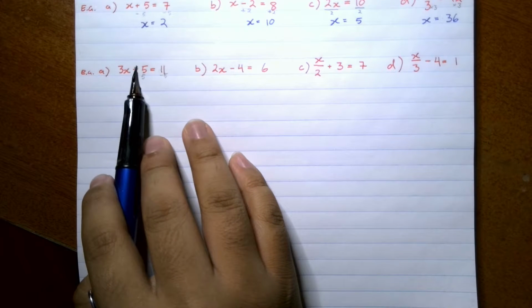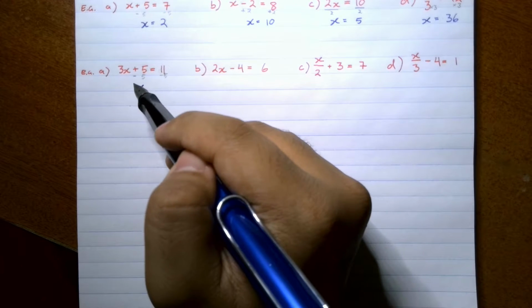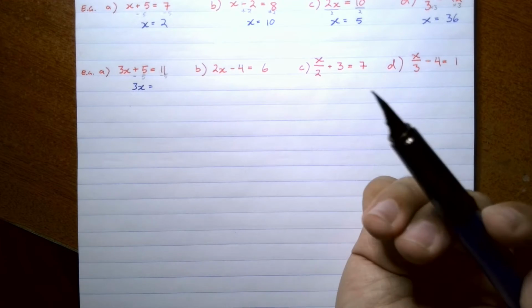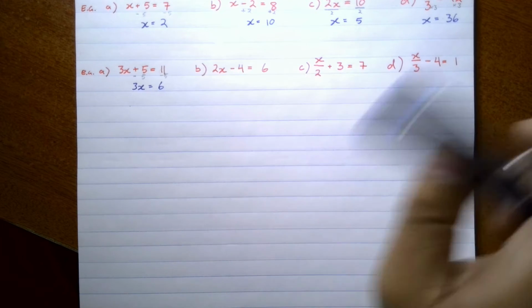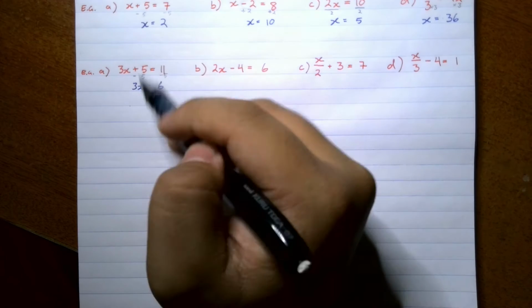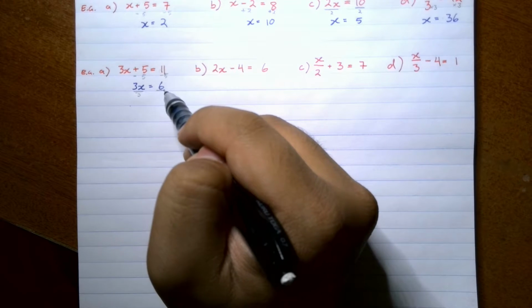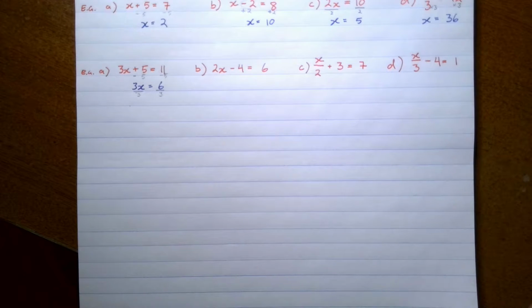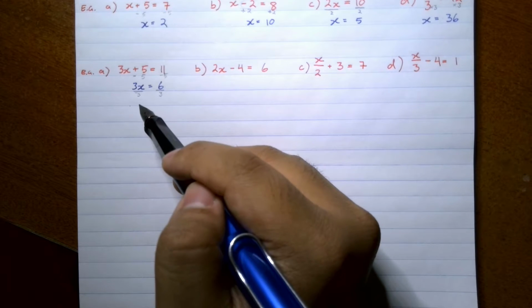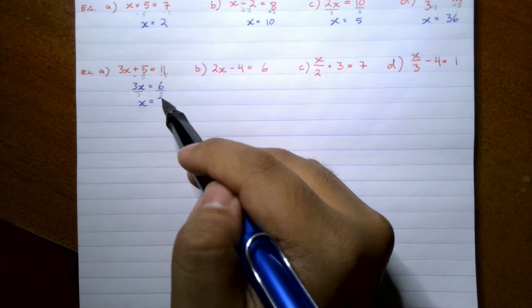Subtracting the 5 will leave us not with x, but 3x here. 3x is equal to, well, 11 take away 5, that will give us 6. 3 times x equals 6. Well, the reverse of that is dividing by 3, putting a fraction over 3, like so. So that will cancel or reverse the 3, leaving us with x by itself. 6 divided by 3 is 2.